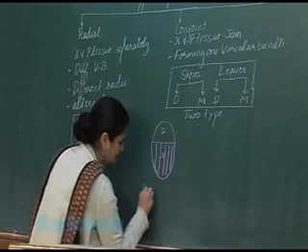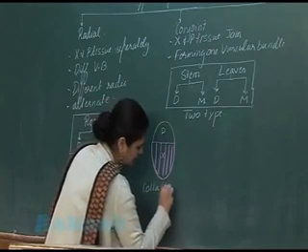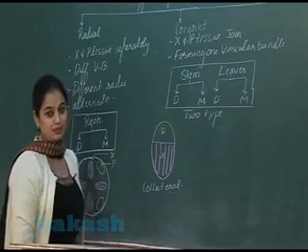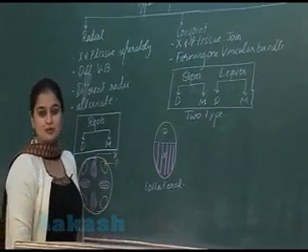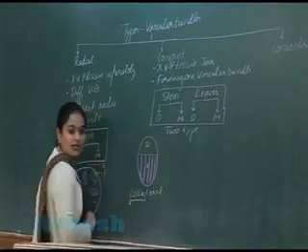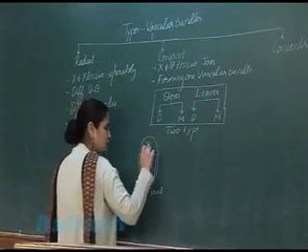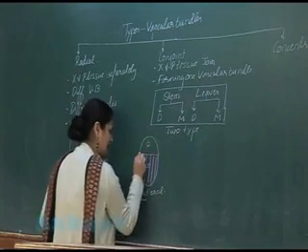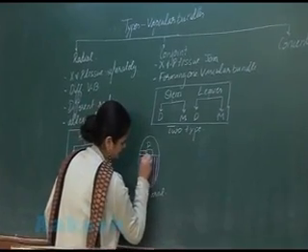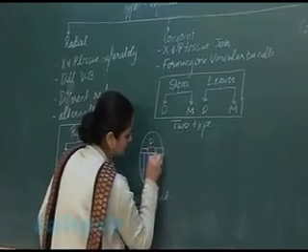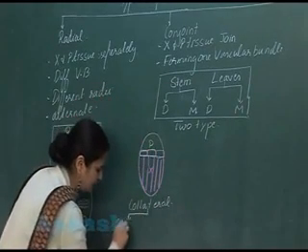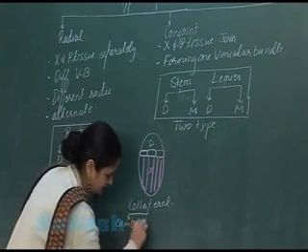This type of vascular bundle is known as collateral vascular bundle. Outer side phloem, inner side xylem, one strand is present. If between the phloem and xylem there is presence of cambium, like this, between the phloem and xylem there is presence of cambium.